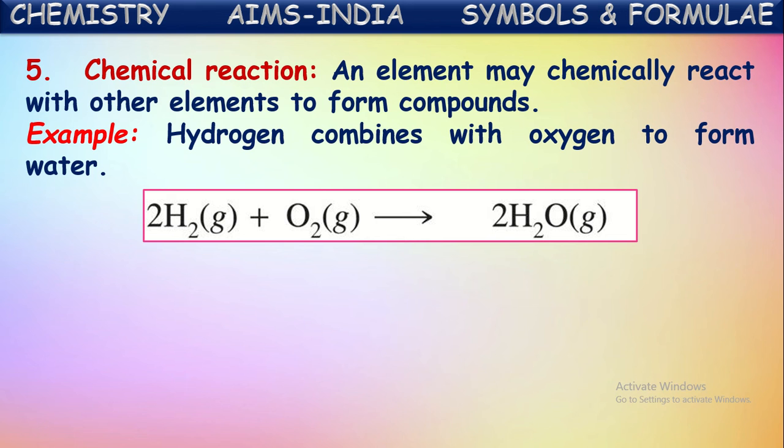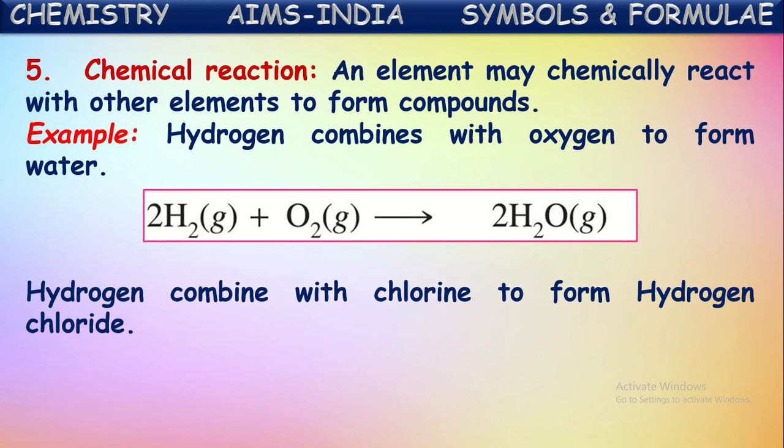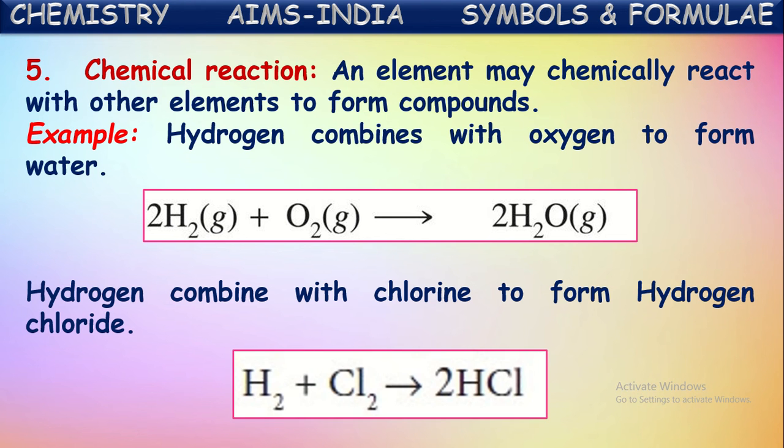If we see one more example, hydrogen combines with chlorine to form hydrogen chloride. Hydrogen here is an element, chlorine is another element. When these two elements combine together, they form hydrogen chloride. This can be represented chemically with an equation like this: hydrogen combines with chlorine to form hydrogen chloride.